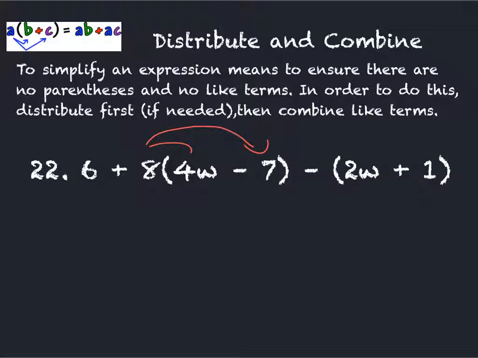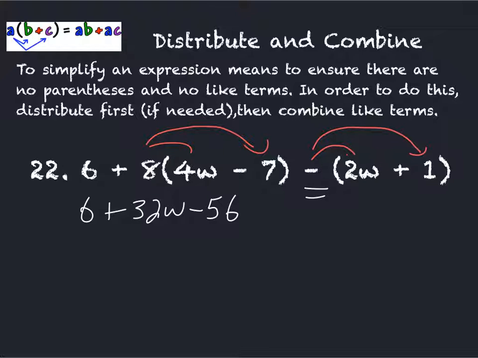So we would be left with here 6 plus 8 times 4 is 32, w, which would be 32w, minus, because 8 times negative 7 would be a negative, minus 56. Now here, this negative, we would have to distribute this negative too. You could think of it as a negative 1. So it's still on the outside of the parentheses.